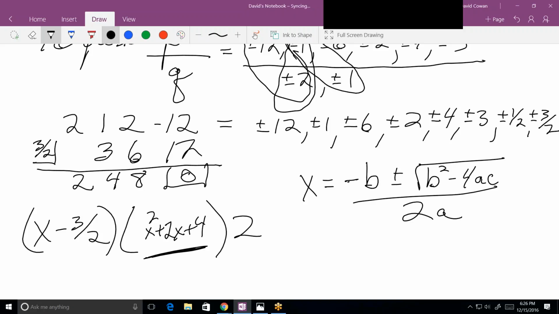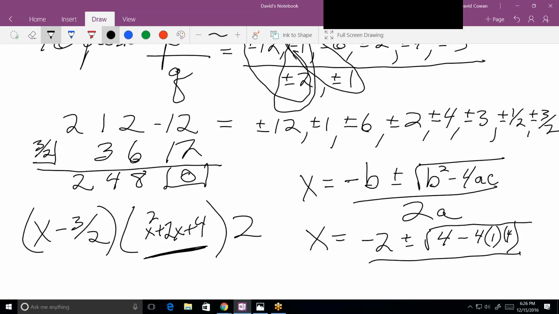Okay, so now let's apply it. Fill in for a, b, and c. What do we get? b is 2, so minus b is negative 2, plus or minus the square root of 2 squared minus 4 times 1 times 4, all over 2 times 1.